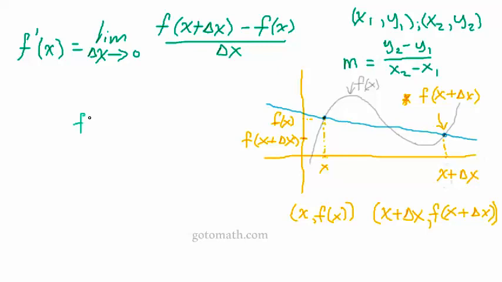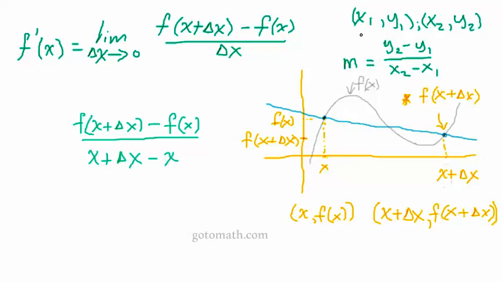So we have f of x plus delta x minus, this would be our y1, f of x, and then that's all over our, now we do the bottom part, so this would be x2, so this guy right here, x plus delta x minus this x right here. This would be our x1, as you can see.